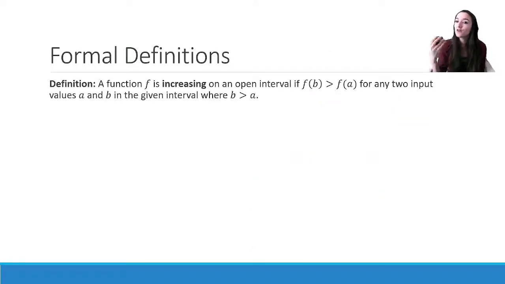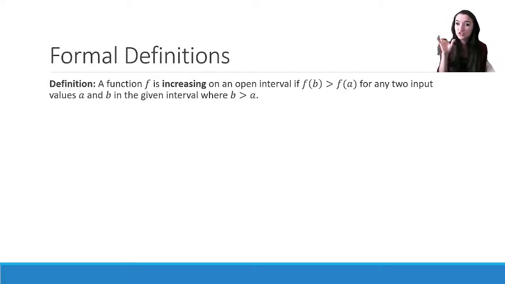So now for some formal definitions of these things we've gone over. A function f is increasing on an open interval if f of b is greater than f of a for any two input values a and b in the given interval where b is greater than a. Essentially here we're going to go through a lot of formal definitions of all of what we just went over. Pay attention to the pictures a little bit more than the formal definitions.